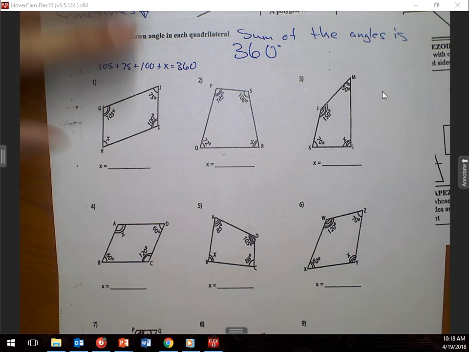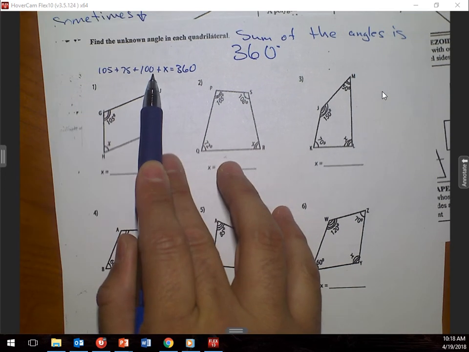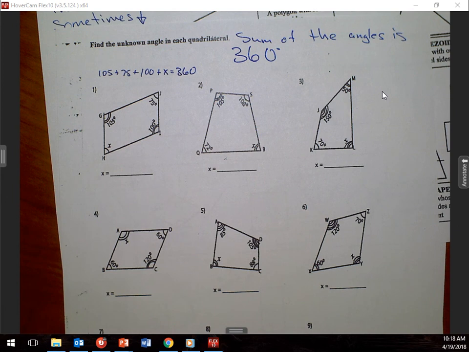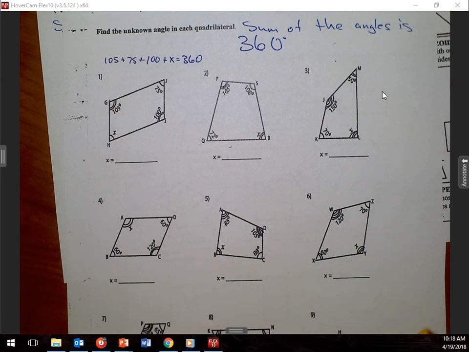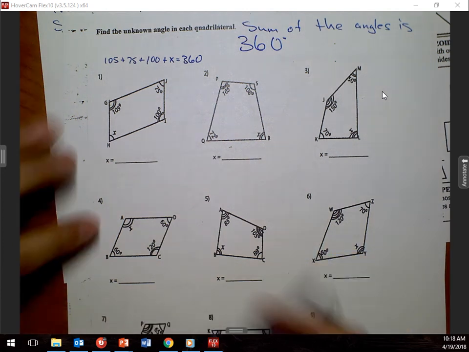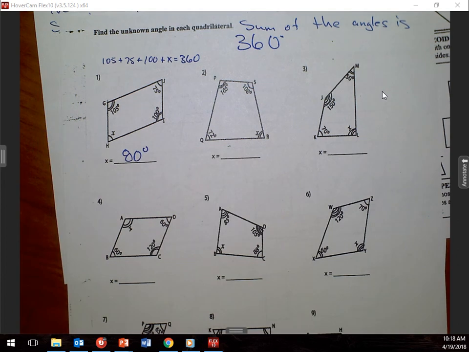So if I added those together, then subtract from 360: 105 plus 75 plus 100 is 280, and 360 minus 280 is 80. So x equals 80 degrees. ¿Está muy fácil?